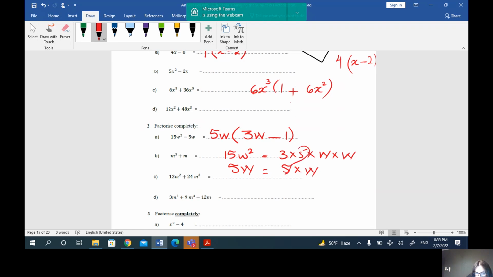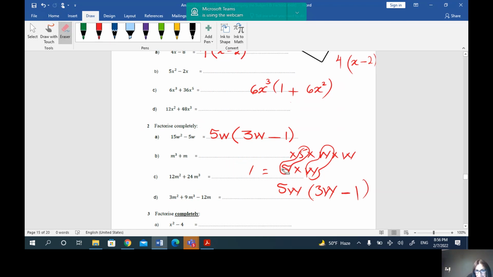If you take this one out and this one out, it will be 5w. Open the bracket. What is left here? 3w. The sign in between the 15w squared and the 5w is minus. And what is left here? Nothing, so it's 1. Okay? That's the explanation for the answer.